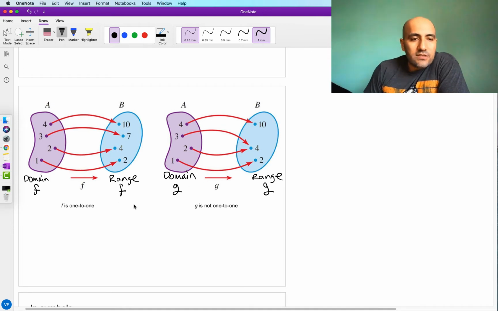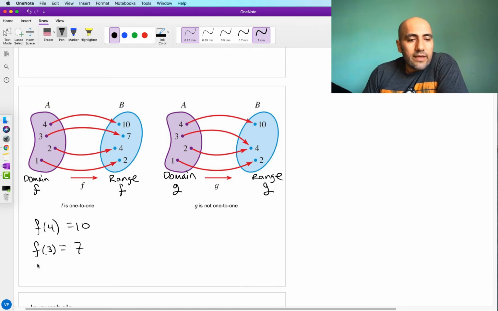In notation style, we can also say that for here, f of 4 equals 10, f of 3 equals 7, f of 2 equals 4, and f of 1 equals 2.